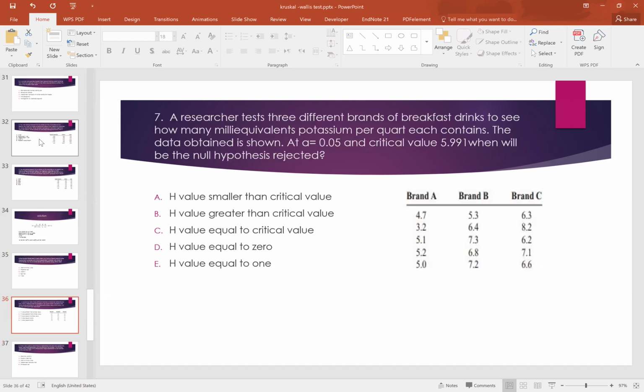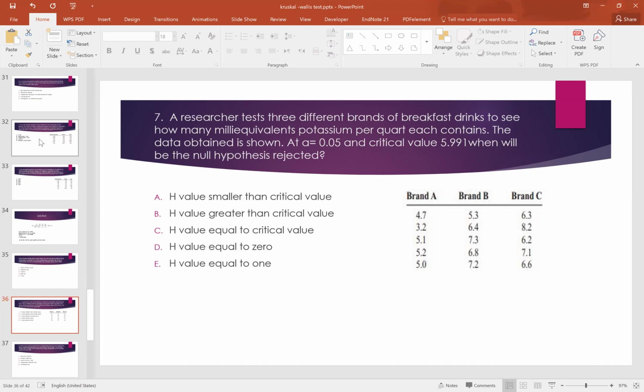A researcher tests 3 different brands of breakfast drinks to see how many milliequivalents of potassium per quart each contains. The data obtained is shown, at alpha 0.05 and critical value 5.99.